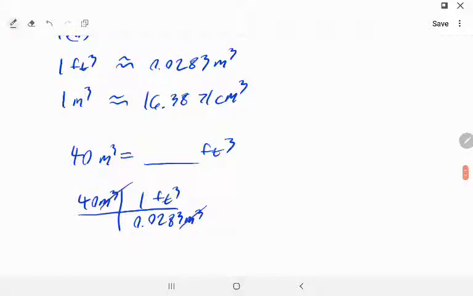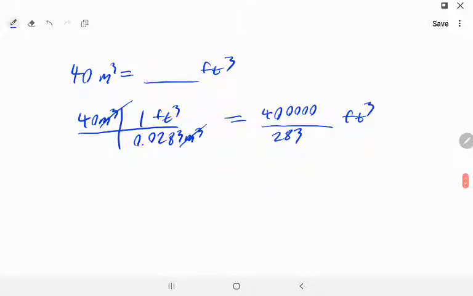The meters cubed go away, and so we're taking 40 divided by 0.0283, which would wind up being, moving the decimal point 4 to the right, 400,000 divided by 283 cubic feet. You wouldn't have to show work for this on an exam. It would just be a question of plugging into your calculator.